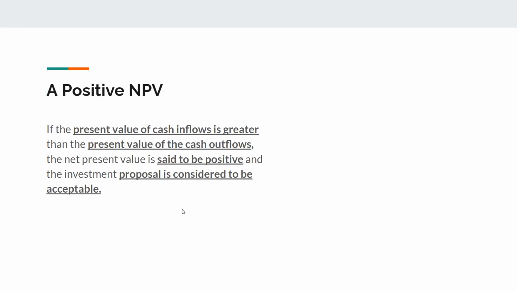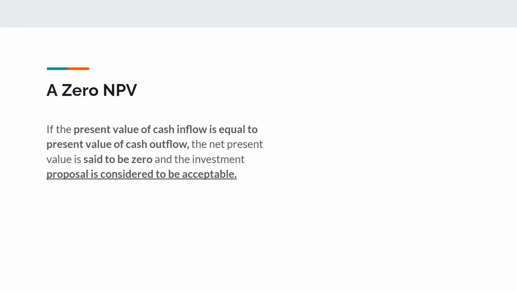A positive NPV means that the present value of the cash inflows, right, is greater than the present value of the cash outflows, right? So you say that the NPV is positive. And if this occurs, the investment proposal could be accepted, right? Given a positive NPV.